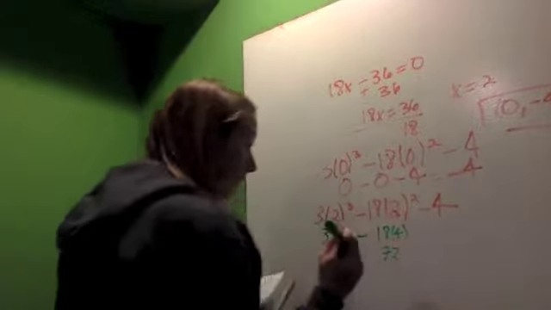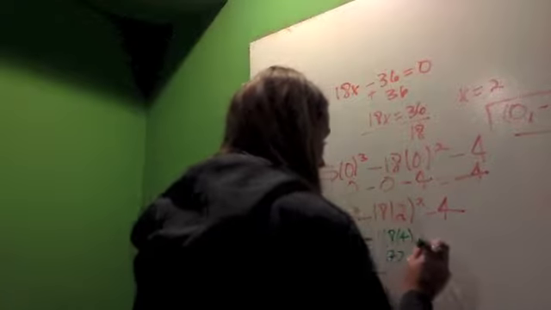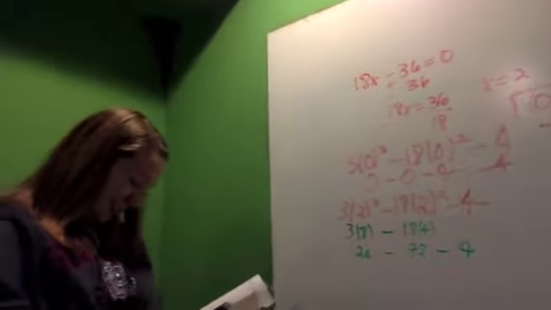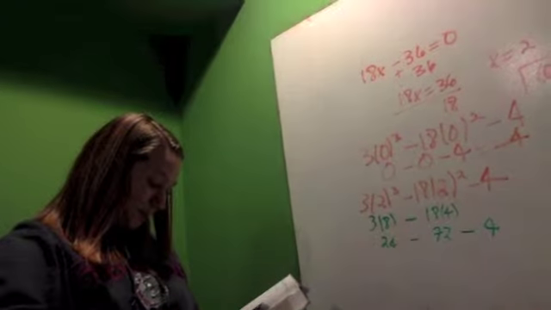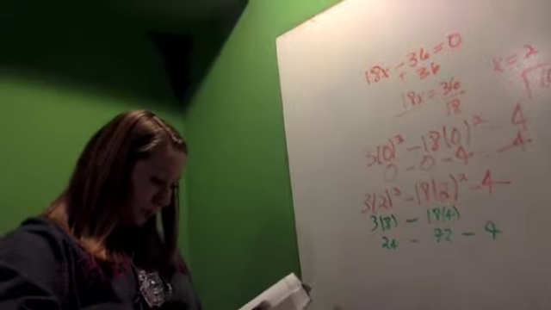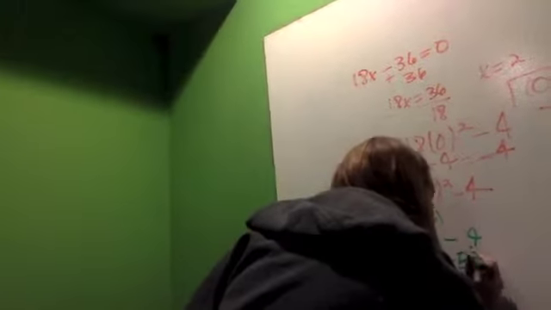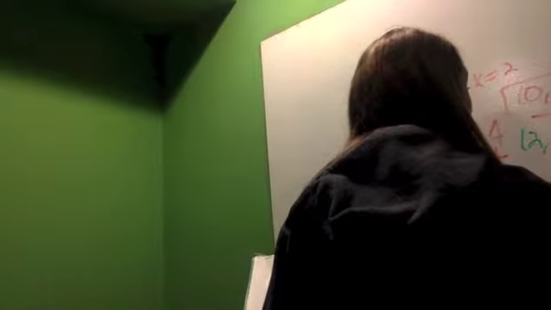So 24 minus 72 minus 4. That's negative 52. So then your critical point for that is 2, negative 52.